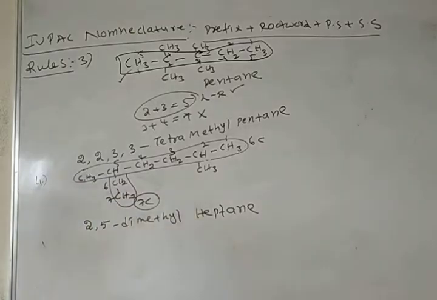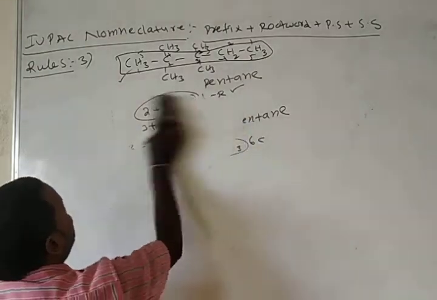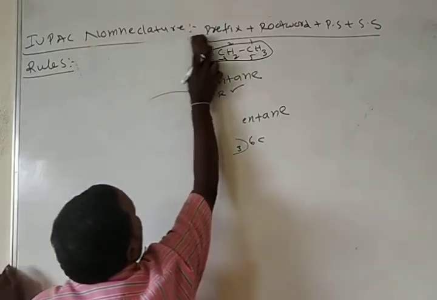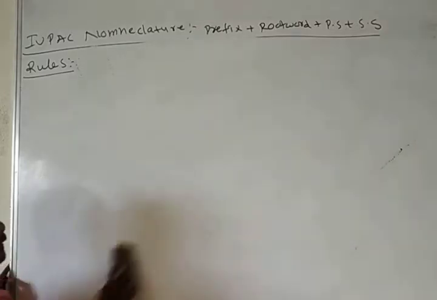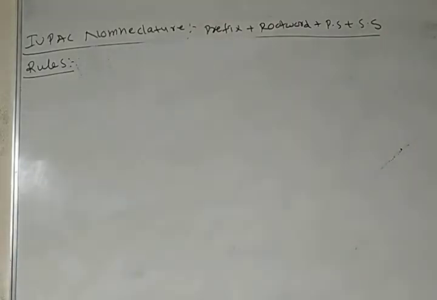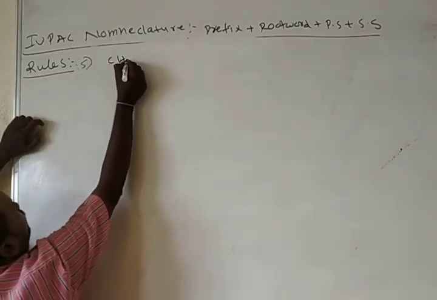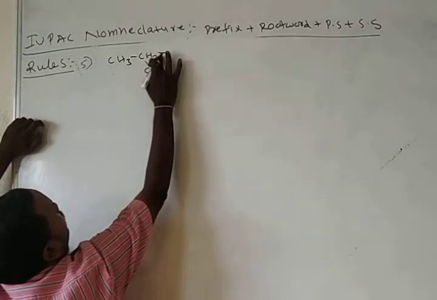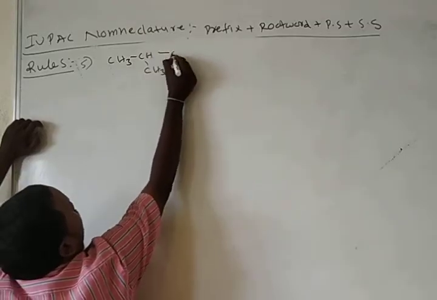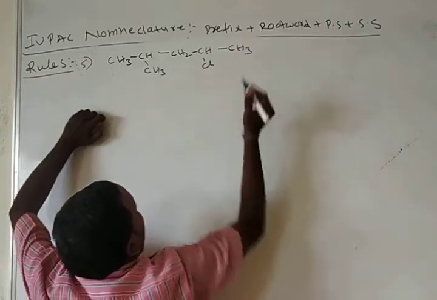Next, in continuation, we'll see one more rule. If a carbon substituent and a non-carbon substituent are there, how will you give the number? Fifth rule: CH3, CH2, CH, Cl, CH3.